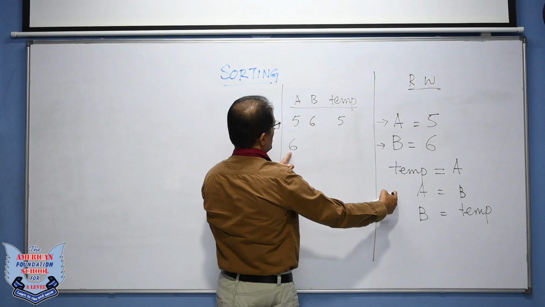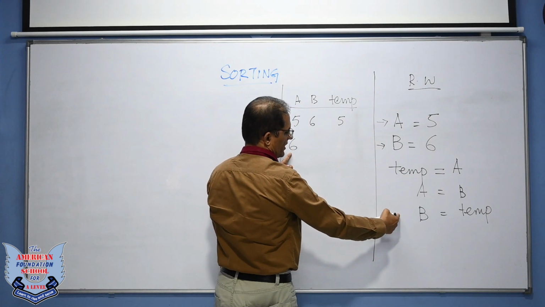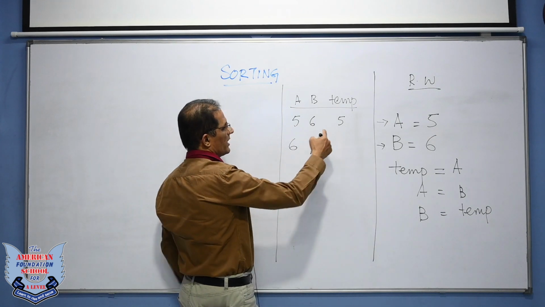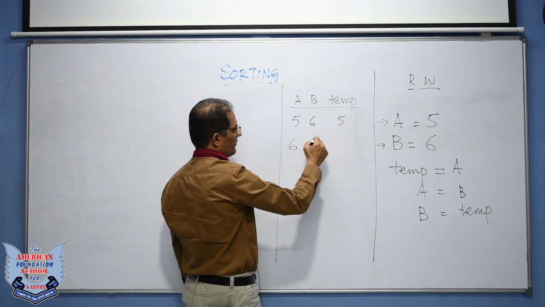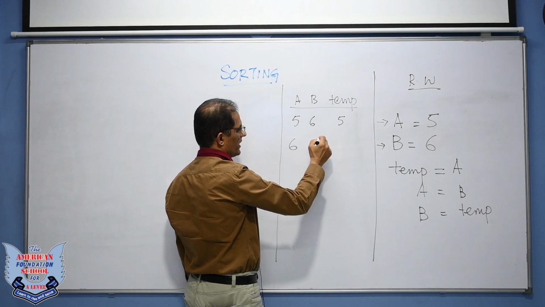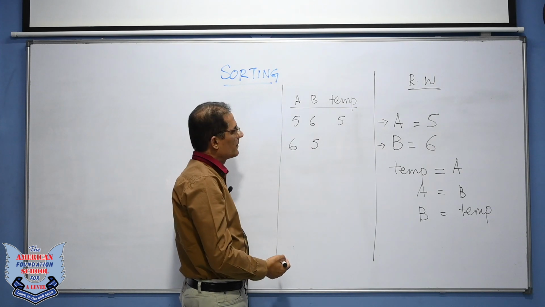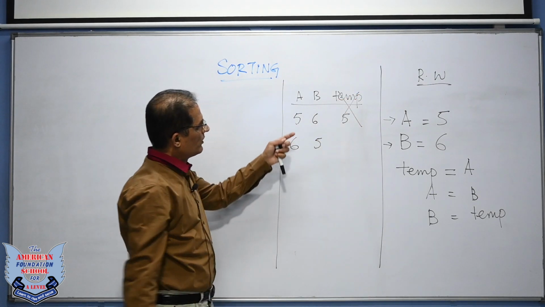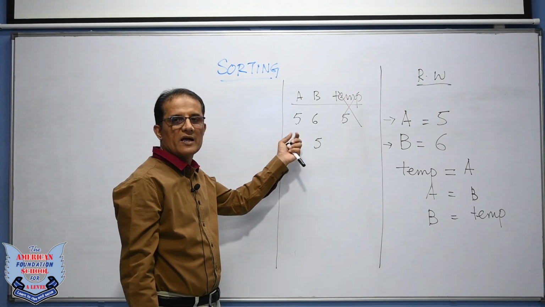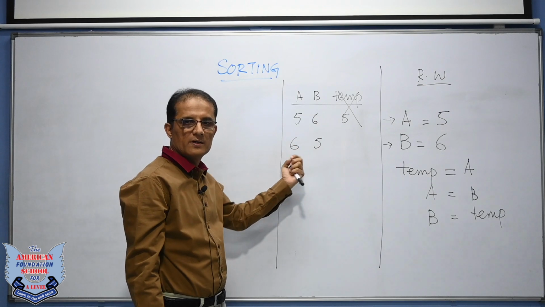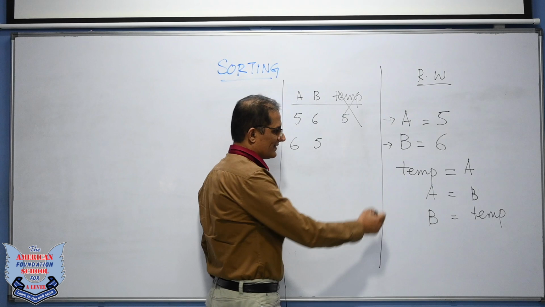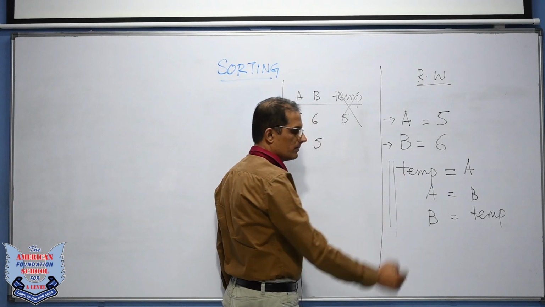A is equals to B, that is done here. Now we are at the third line and we are saying that B is equals to temp, meaning the contents of temp is 5. That 5 will take place here in the column of B. And now you can see that the contents of column A and B have been swapped. So remember, whenever you talk about swapping, this set of 3 lines is very important.